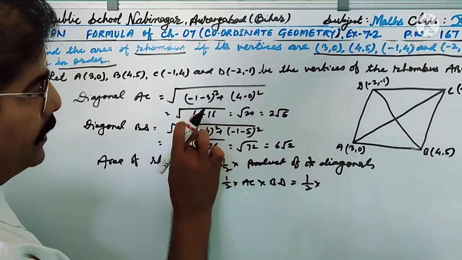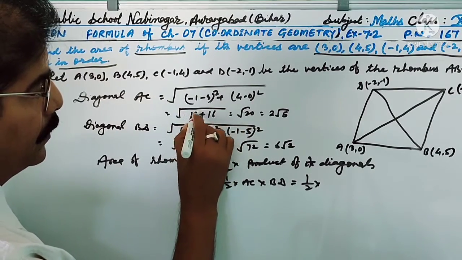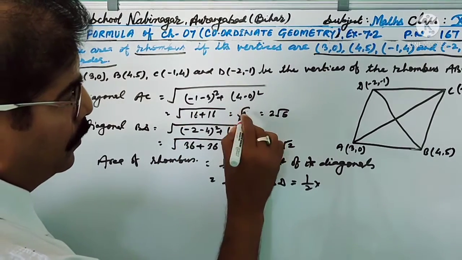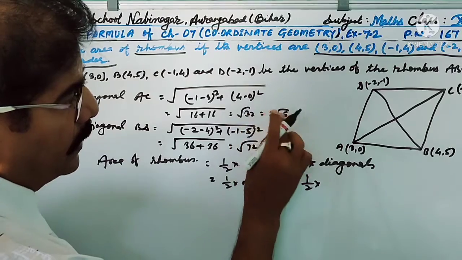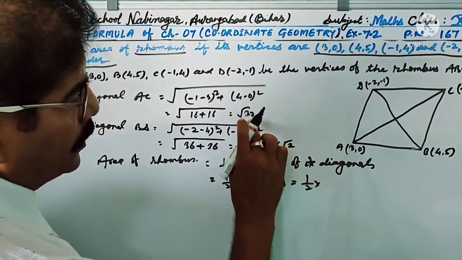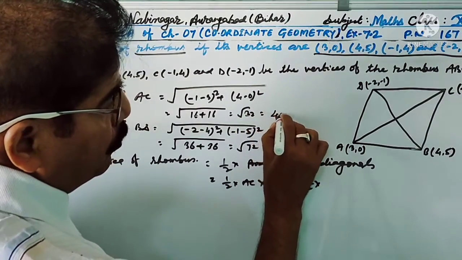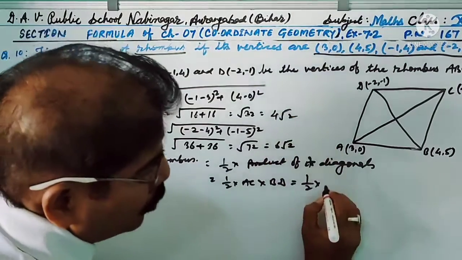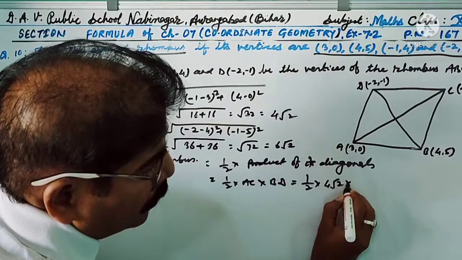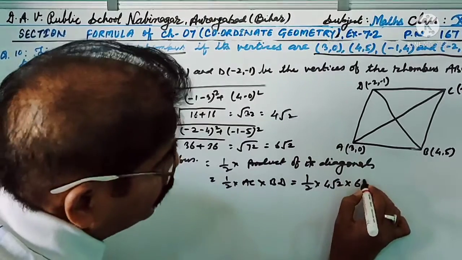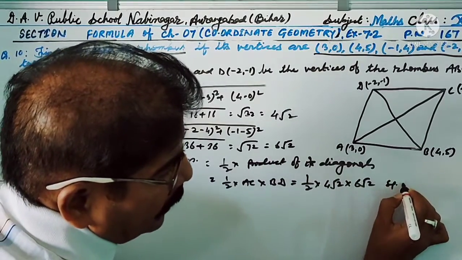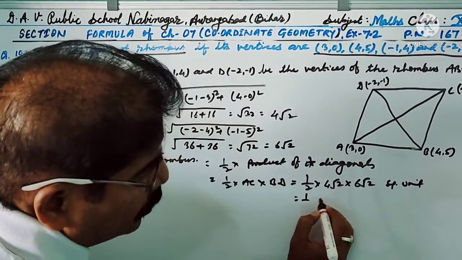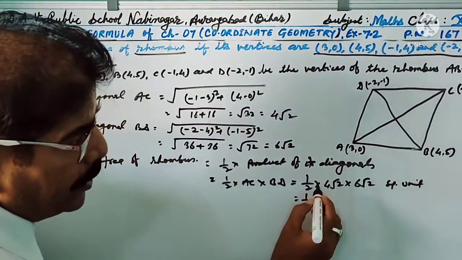So -4 square 16, 16 plus 16 is 32, that is 16 into 2, 4 root 2. So AC is 4 root 2 into BD 6 root 2 square units, that is 1 by 2.